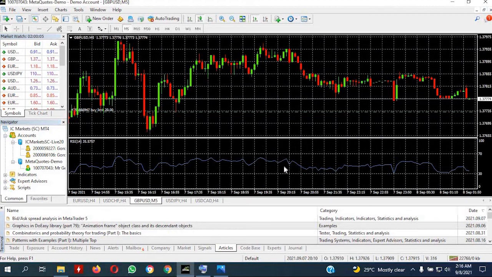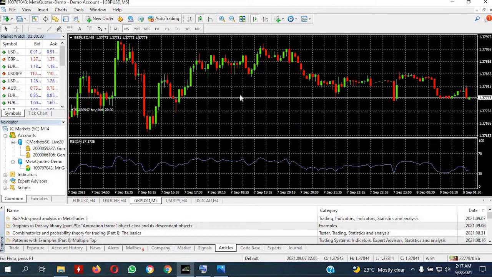Alright, so calculating the stop loss, as it's said in the theory, it is a protective stop that is used to prevent the trader from losing an enormous sum of money.